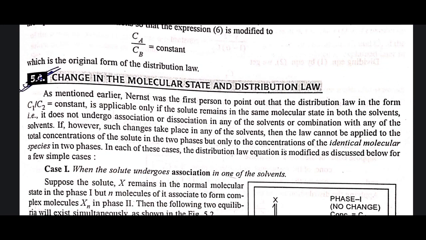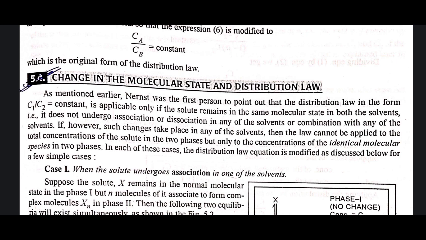Change in the molecular state and distribution law. As mentioned earlier, Nernst was the first person to point out that the distribution law in the form of C1 by C2 is equal to constant is applicable only if the solute remains in the same molecular state in both the solvents, for example, it does not undergo association or dissociation in any of the solvents.